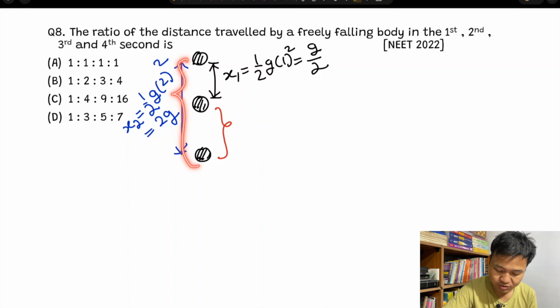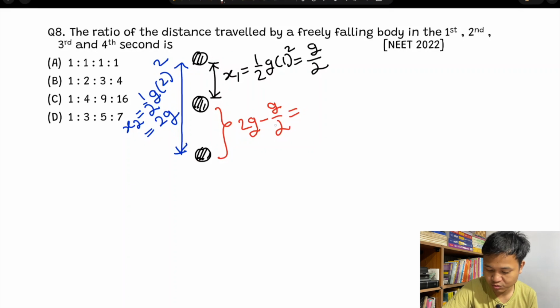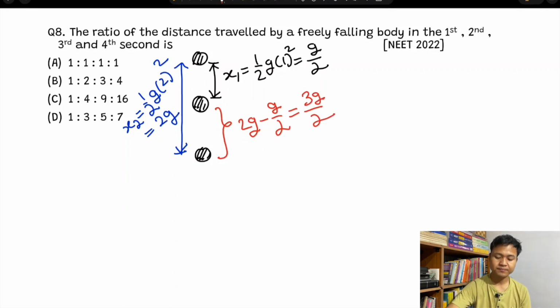I know this is 2z and I know this is z by 2, so if I subtract both of them I'll get the difference. So how much is this? 2z minus z by 2, that is 4 minus 1, 3z by 2. Okay, right.